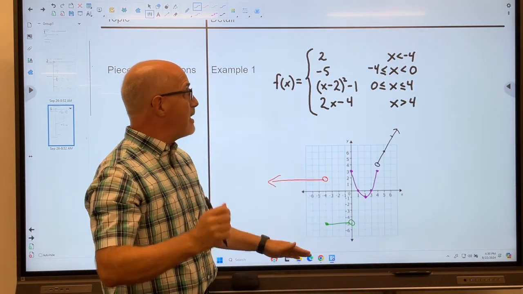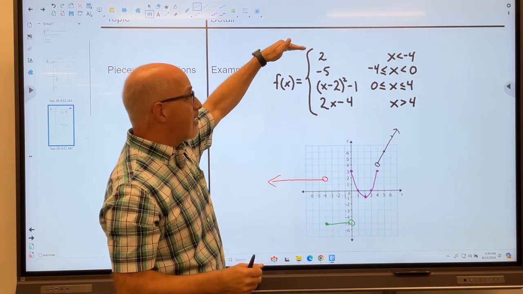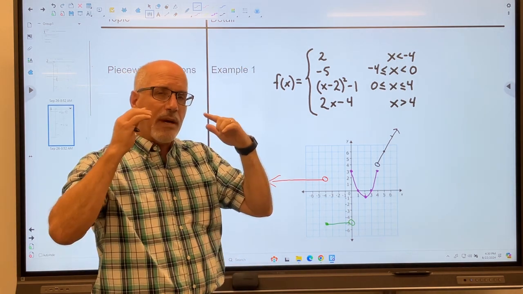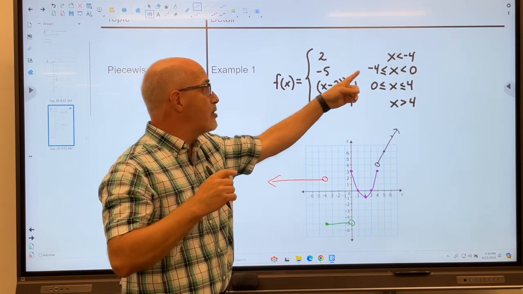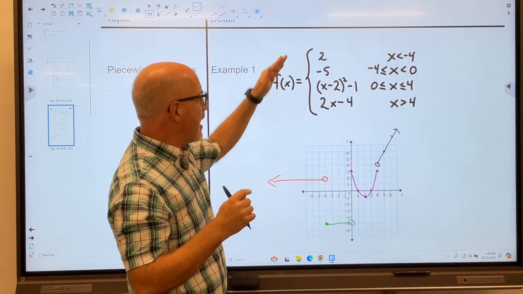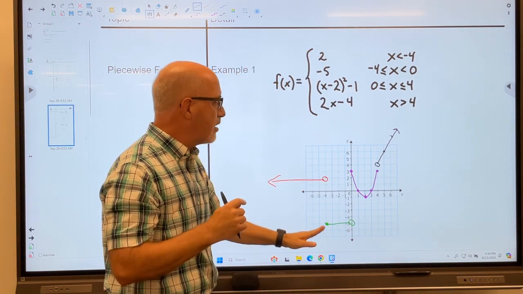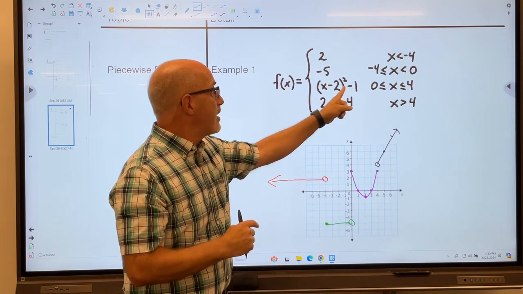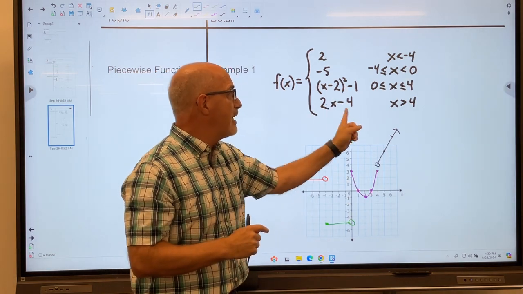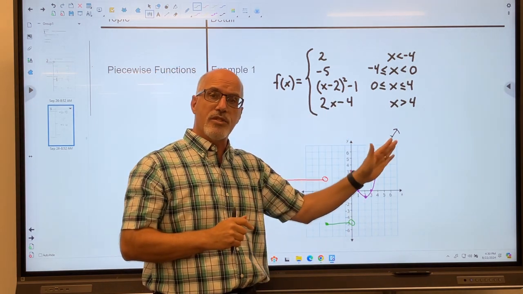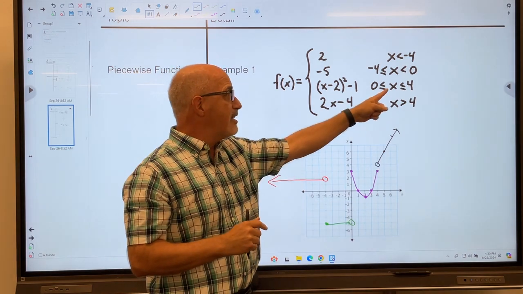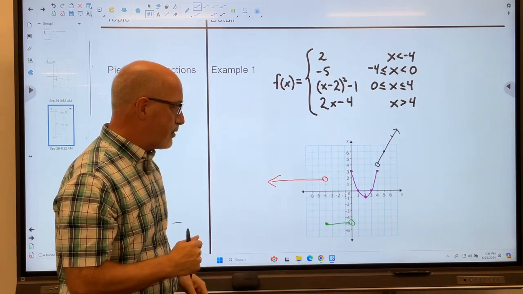So for this kind of piecewise function, you think ahead of time, what is my graph going to look like? And now I'm going to restrict the domain. Horizontal line, restricted. Horizontal line, restricted. Parabola, restricted. And then just a line, restricted. Restricted on these domains for these rules.